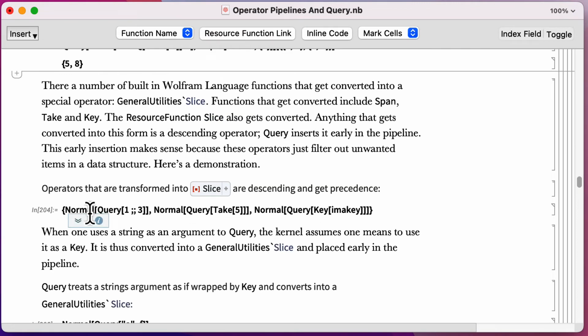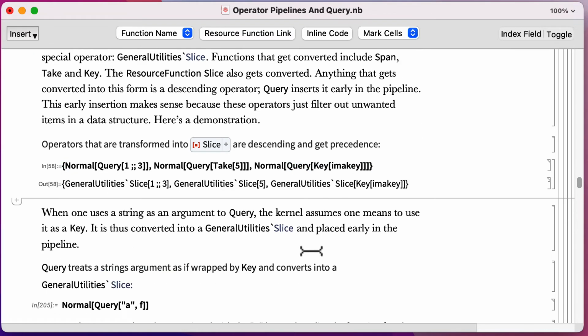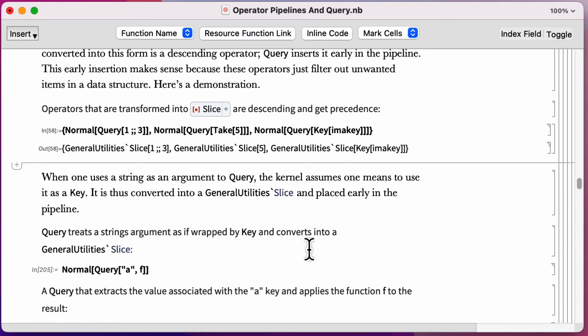So if we look at some queries, that's going to get converted to a slice because it's a span, that's going to get converted to a slice, and this is going to get converted to a slice. And so slices come ahead of time.